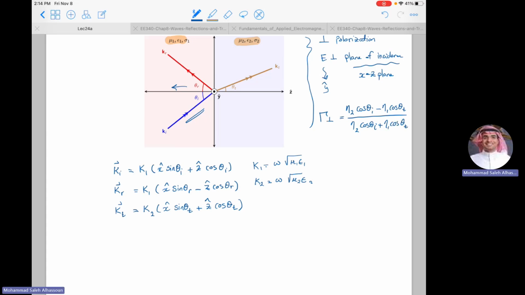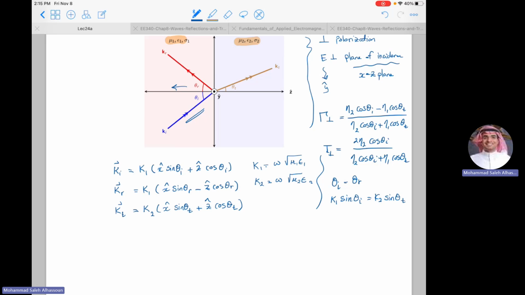The transmission coefficient tau is simply 2 eta 2 cosine theta incidence divided by eta 2 cosine theta incidence plus eta 1 cosine theta transmitted. Using Snell's law, we know that the angle of incidence is equal to the angle of reflection, and K1 sine theta incidence is equal to K2 sine theta transmitted.